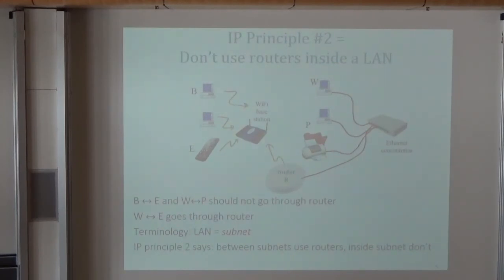The router should not see them, should not forward them. They should go directly through the Wi-Fi base station, which makes sense because the Wi-Fi base station is there to unite all the systems together.